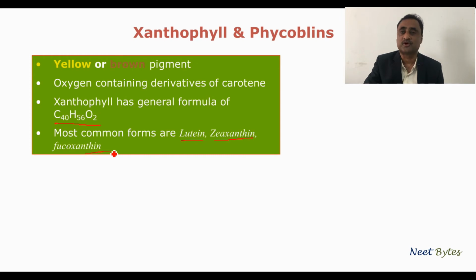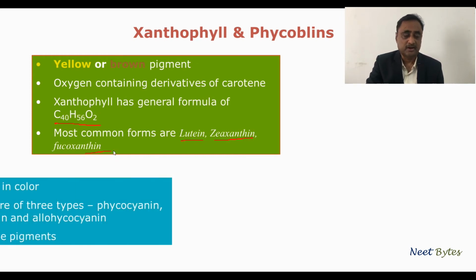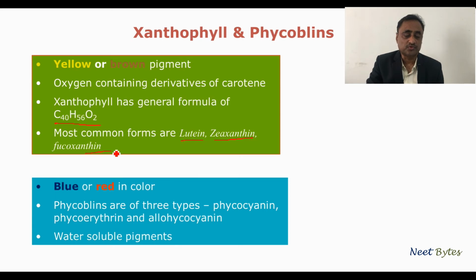Now the phycobilins are blue or red in color. Phycobilins are of three types: phycocyanin, phycoerythrin, and allophycocyanin, and these are water soluble pigments, right? So that is about xanthophyll and phycobilins.